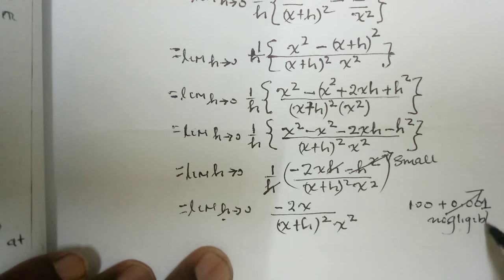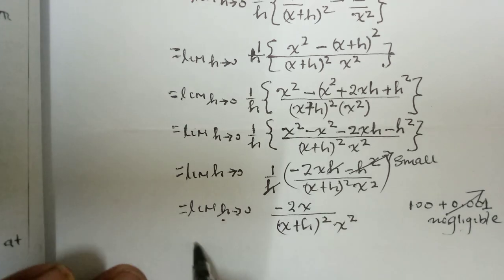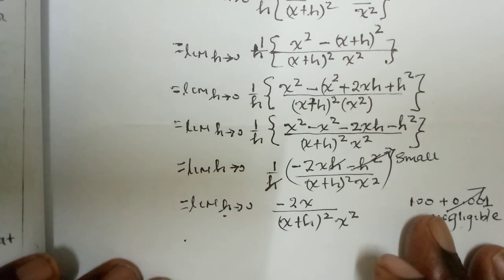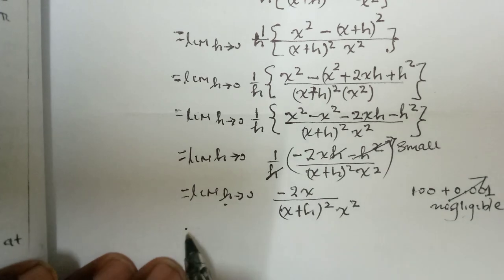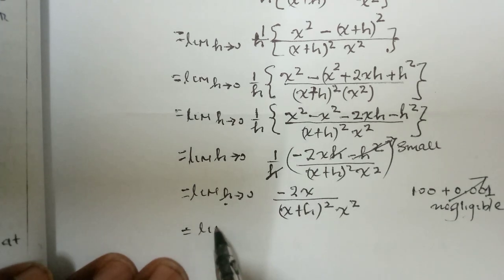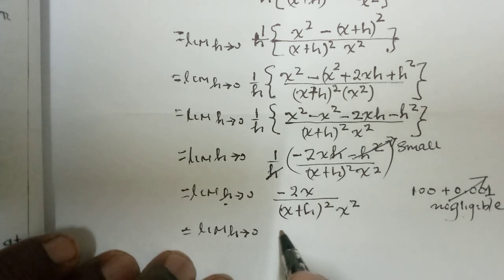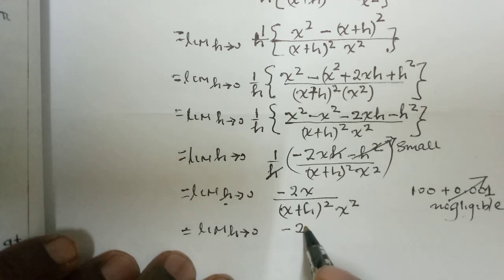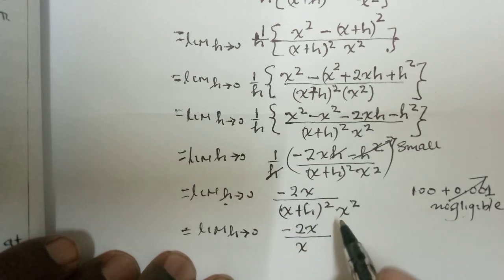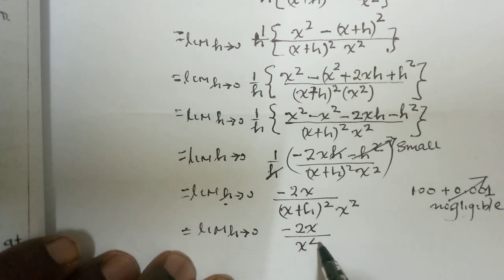And so as we finish, this one will be equal to limit h tends to 0 of minus 2x all over, this one will now be x squared multiplied by x squared, which is x raised to 4.